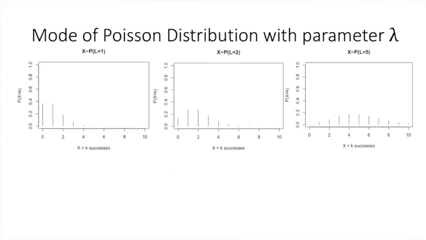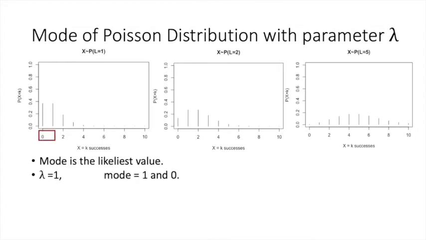Now let us examine the mode of the Poisson distribution, that is the most frequent or likely value of k. When lambda equals 1, we observe that the mode has 2 values, 1 and 0. When lambda equals 2, the mode has again 2 values, 2 and 1.